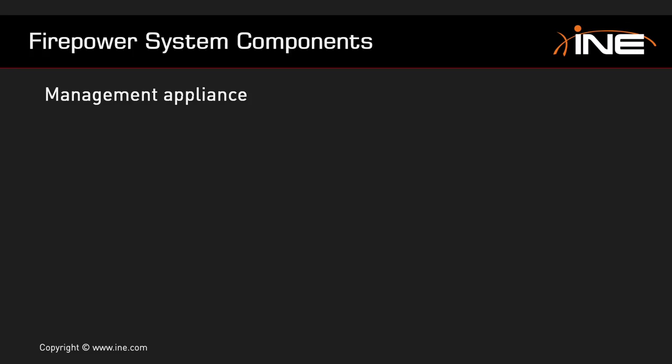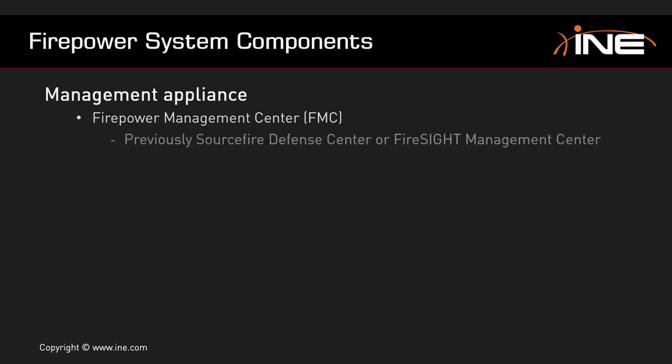Okay, so the management appliance is now known as Firepower Management Center, FMC, and this is the most recent name. It was also previously known as SourceFire Defense Center, or maybe Firesight Management Center, but FMC is going to be the current abbreviation, and it stands for Firepower Management Center.